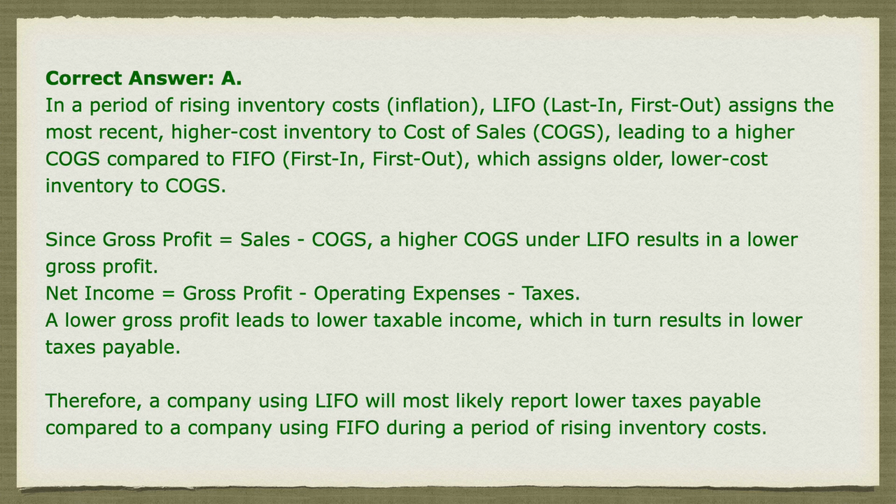Net income equals gross profit minus operating expenses minus taxes. A lower gross profit leads to lower taxable income, which in turn results in lower taxes payable. Therefore, a company using LIFO will most likely report lower taxes payable compared to a company using FIFO during a period of rising inventory costs.